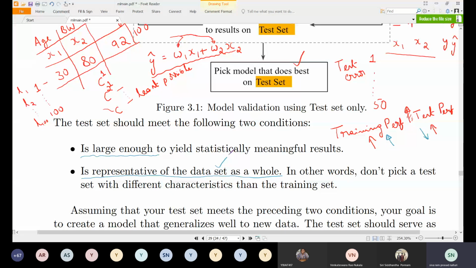Is representative of the data set as a whole. What is your whole syllabus? Your whole syllabus comprises units 1, 2, 3 and 4.